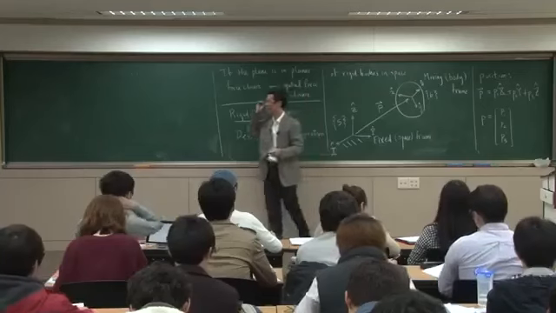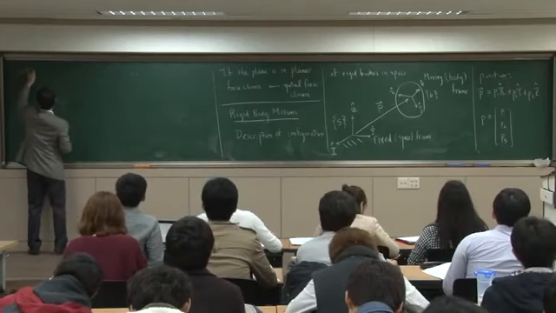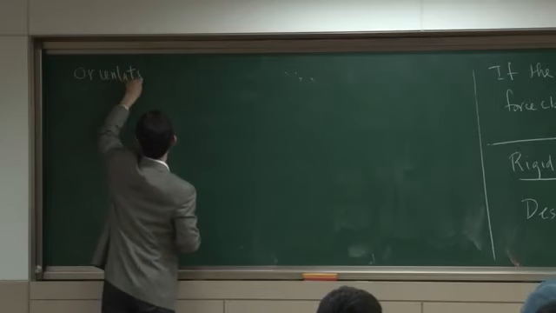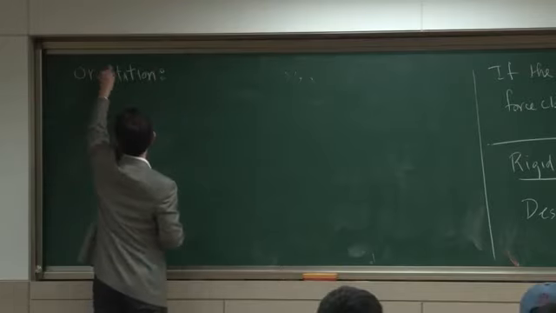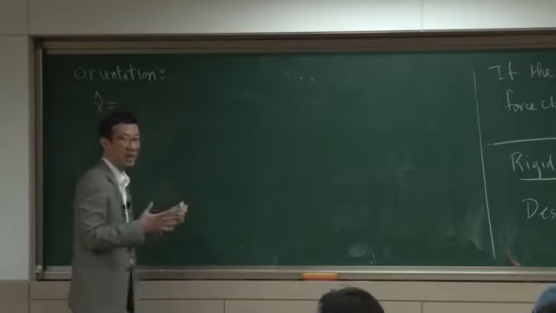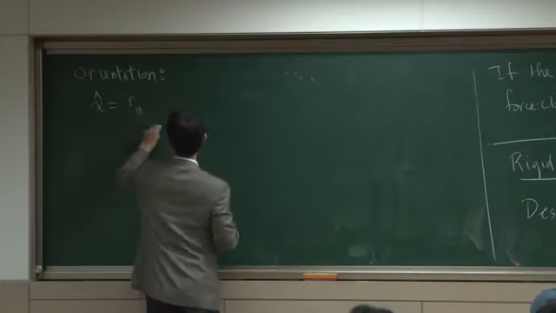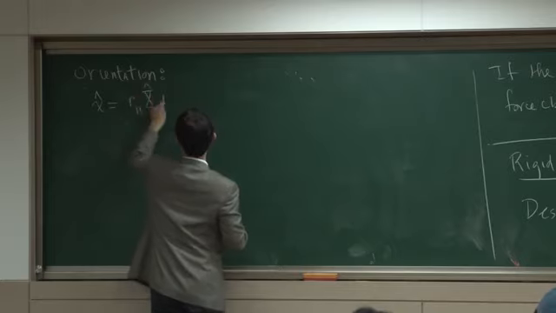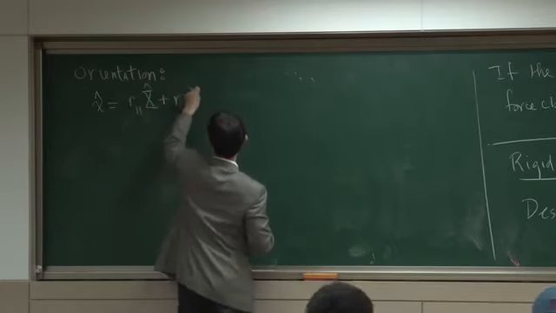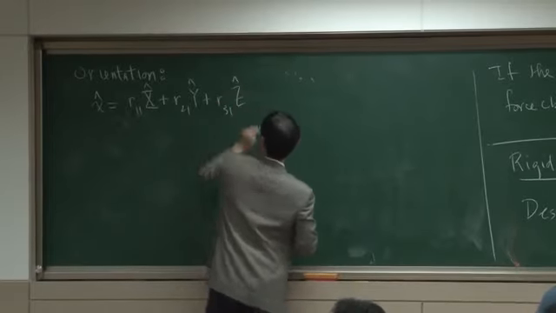So let's do that. It's kind of a brute force method. Small x hat is going to be of the form, say, r11 times large x plus r21 large y plus r31 large z.